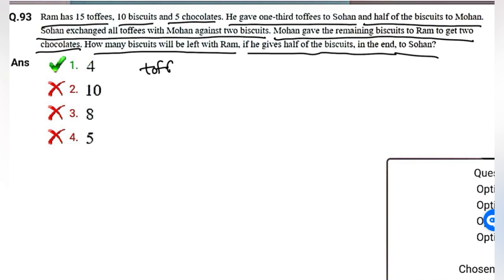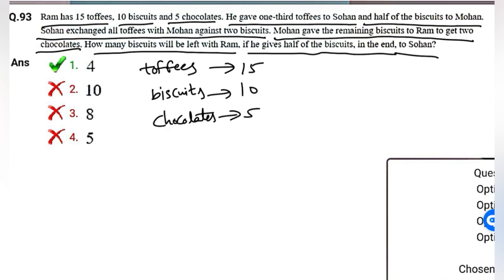Here toffees is 15, biscuits is 10 and chocolates is 5. He gave 1/3 toffees to Sohan. Means 1/3 into 15, that is equal to 5. And half of the biscuits to Mohan.